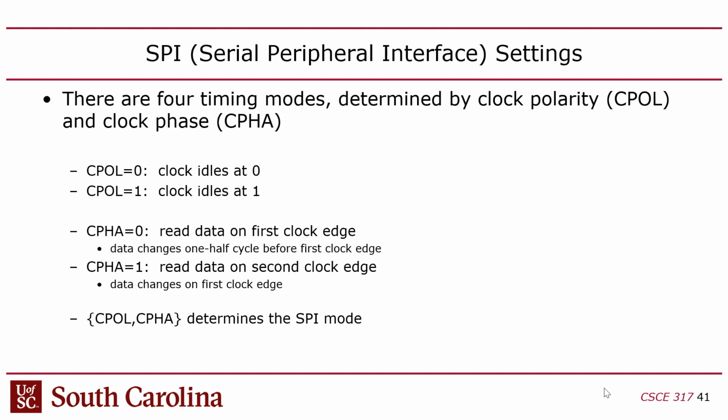Now, I mentioned that the first clock edge and the second clock edge will be different depending on CPOL. Right? So if CPOL is 1, the first edge will be falling and the second edge will be rising. Whereas if CPOL is 0, the first edge will be rising and the second edge will be falling, right? But then together with CPHA will then determine when you start reading data on the channel.